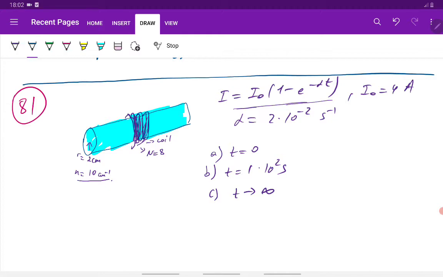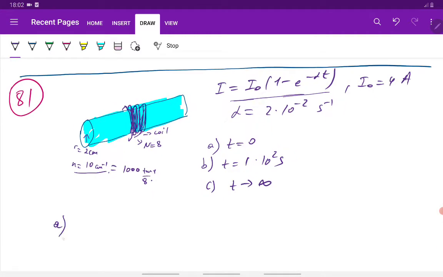Actually, we can write this in terms of turns per meter. The radius is given, and we are also given an 8-turn coil. We need to find the induced EMF in this coil.